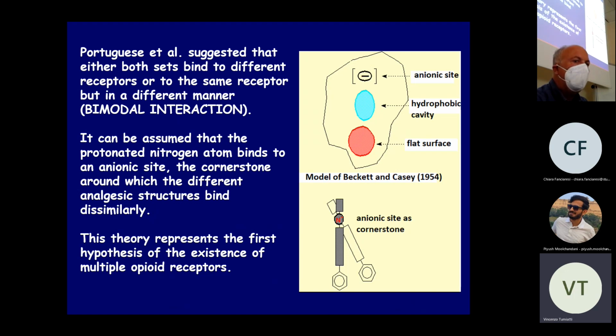There was another important point. The OH group, the phenolic group, it is important only for the first 3 families: epoxymorphinans, morphinans, benzomorphinans, not for 4-phenylpiperidine.